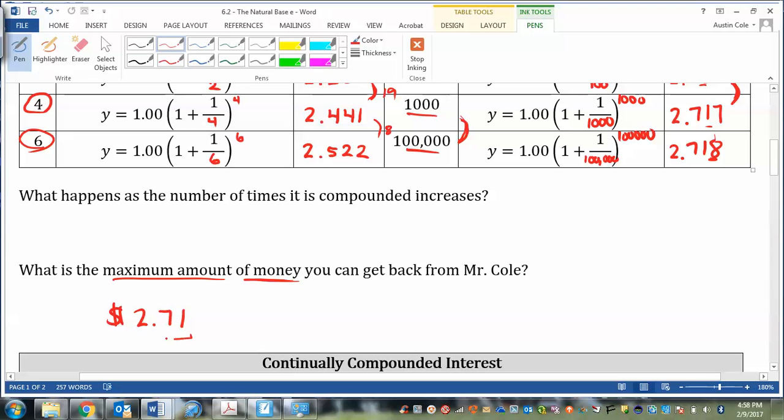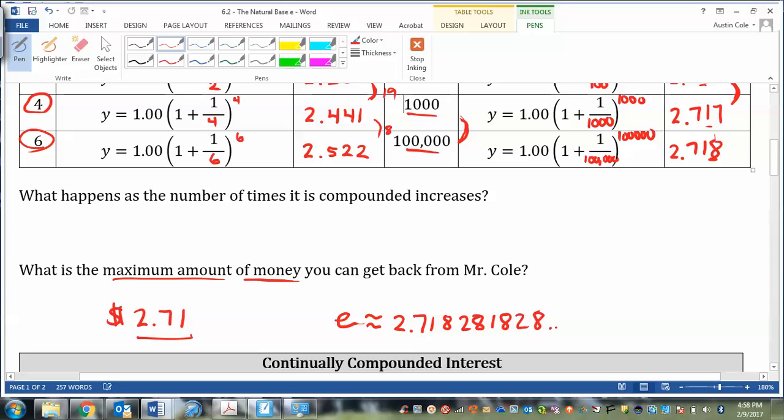Now, this number is called e. All right. So everyone in your calculator, I want you to look at the division button. On the division button right above it, there's a blue e. So if you hit the second button and hit the divide sign and hit enter, that number is e. e is about 2.718281828.